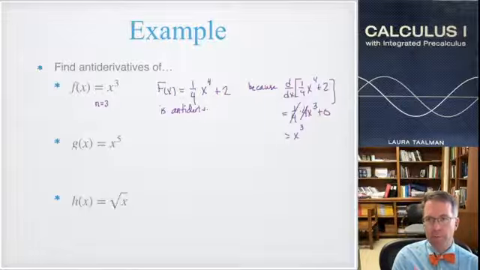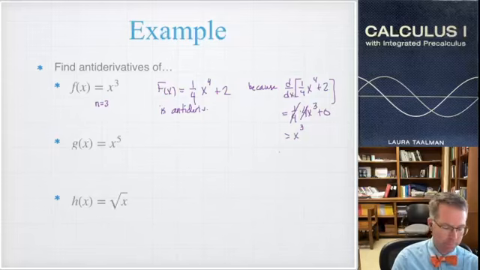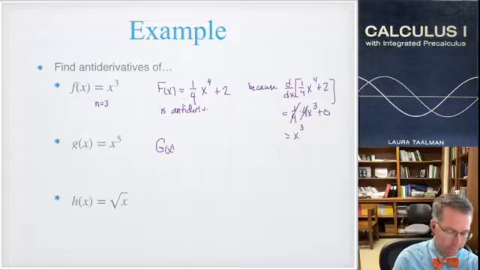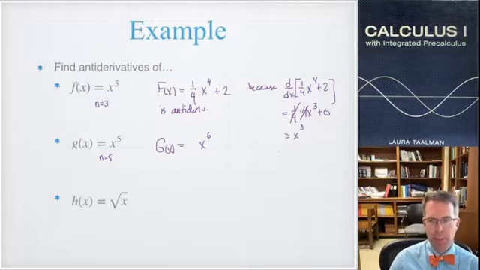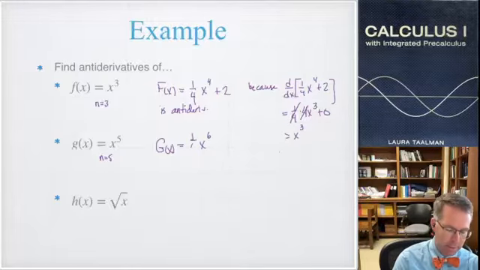The antiderivative is the function that when you take its derivative, you get x cubed. Now let's see, little g of x is x to the fifth. The power this time is 5. My power of the antiderivative had to go up to 6, and I divide by 6.